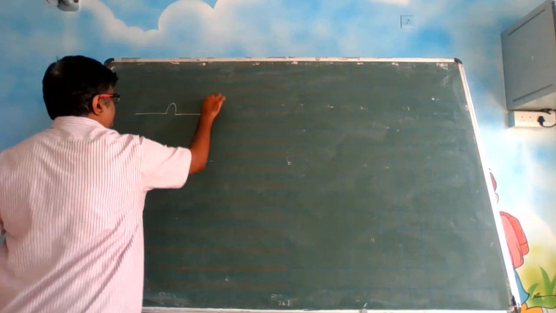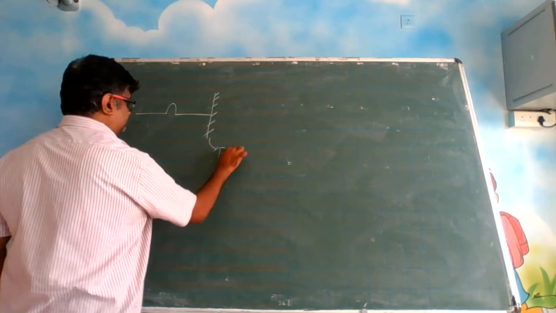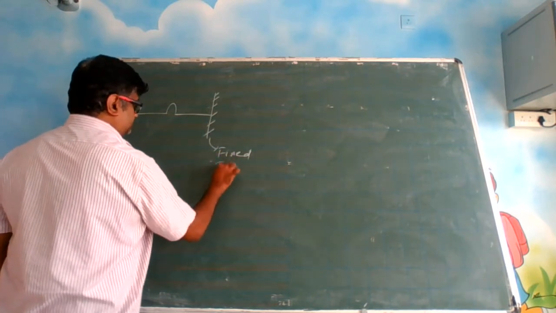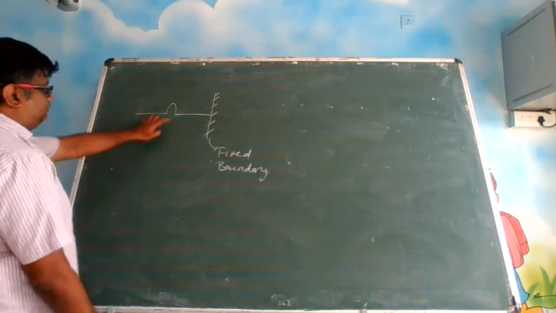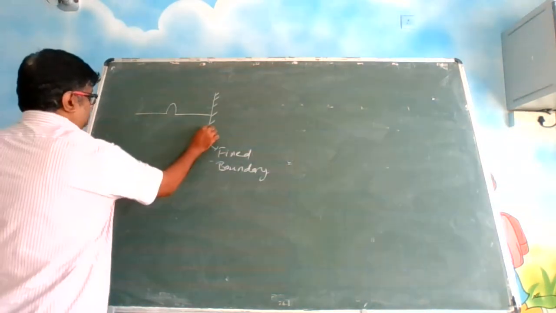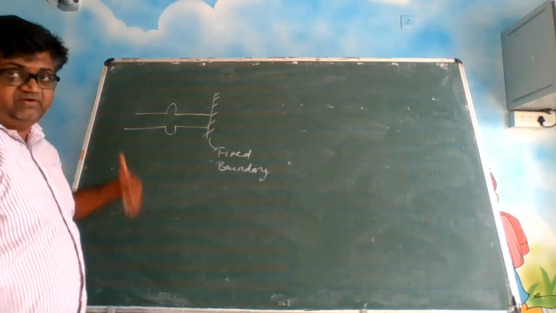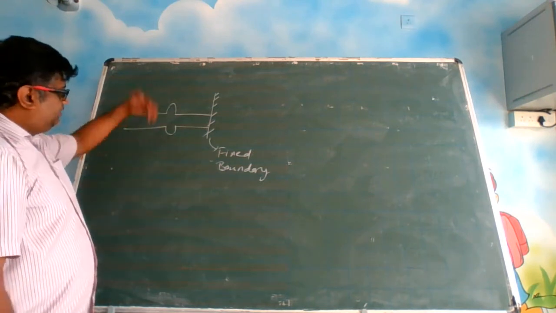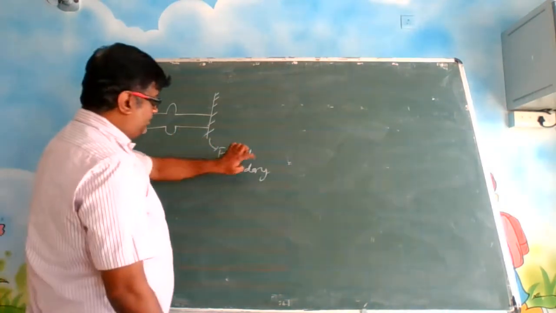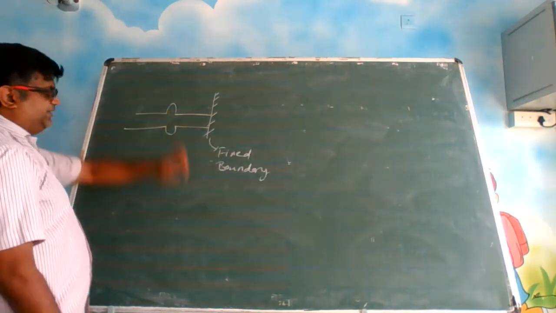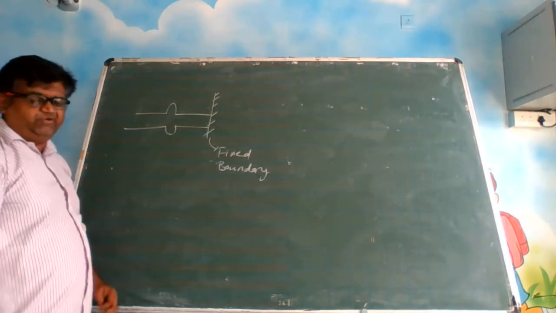We have seen in our earlier class, if this is a fixed boundary, what happened? There was a phase reversal. Here it took 180 degree down. Okay, fixed boundary, there was a phase reversal. Understand this. This is a reflected wave.